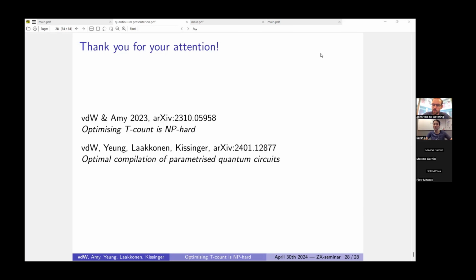So Clifford ZX rewrite rules are complete for parameterized diagrams where each parameter occurs uniquely. And this also holds even if the diagrams are only equal up to global phase, but then you have to be a bit careful about what it means to have completeness for diagrams that are equal up to global phase.